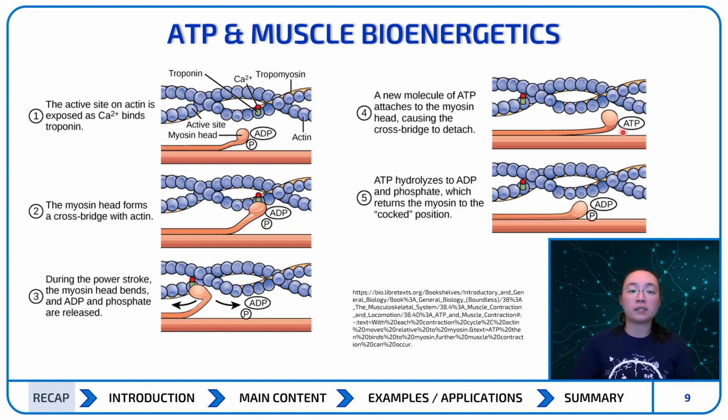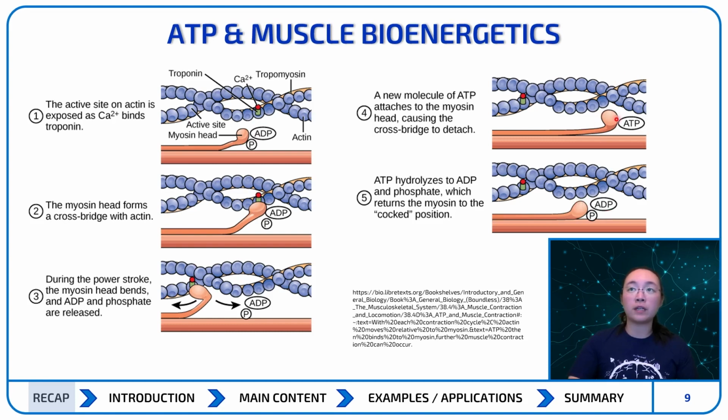If you're asked how ATP plays a role in muscle bioenergetics, this is probably where you would start. ATP first binds to myosin, moving it to a high energy state. The ATP is then hydrolyzed in step 5 into ADP and an inorganic phosphate by the enzyme ATPase. The energy released during ATP hydrolysis changes the angle of the myosin head.